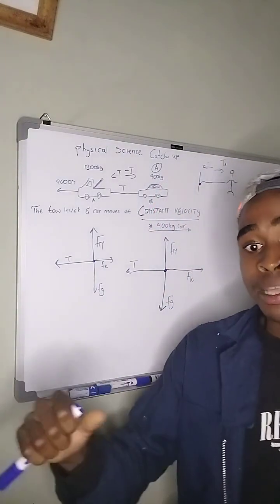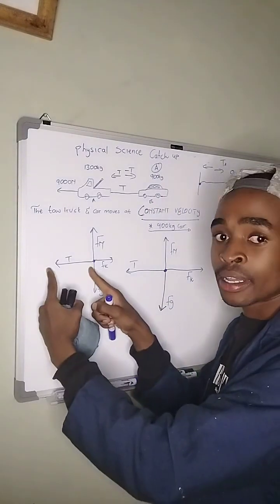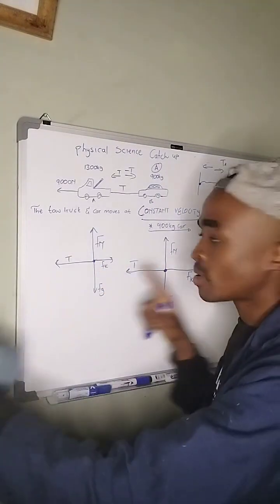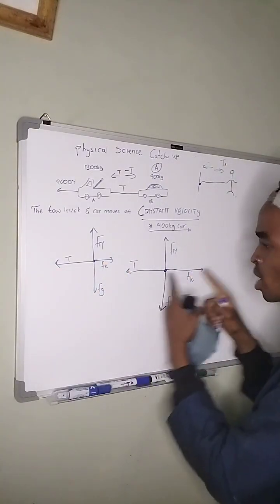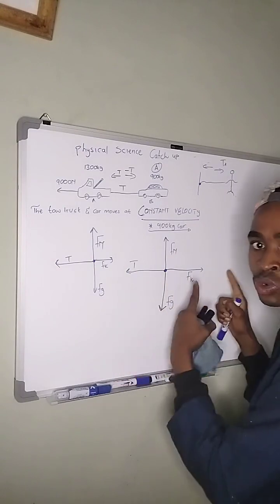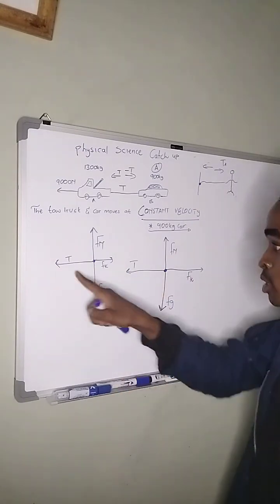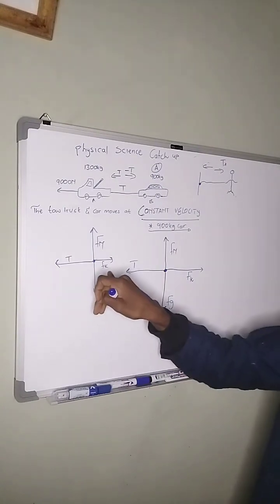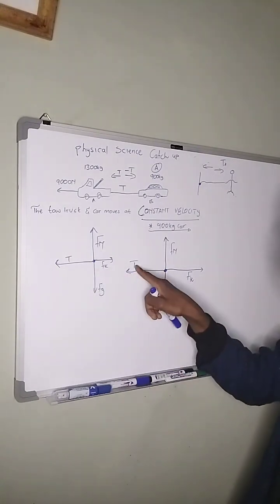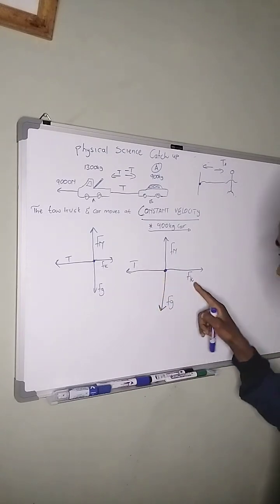This one is more than this one, but these two are equal. Do you see where these two are equal? It means the magnitude of the tension is bigger than the magnitude of the friction. This one means the tension equals the frictional force.